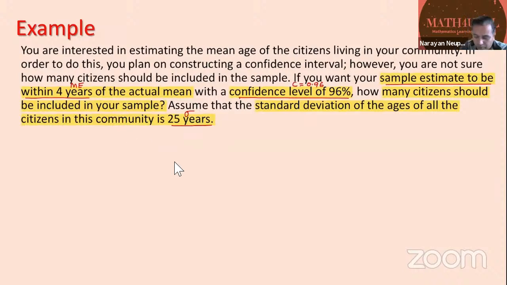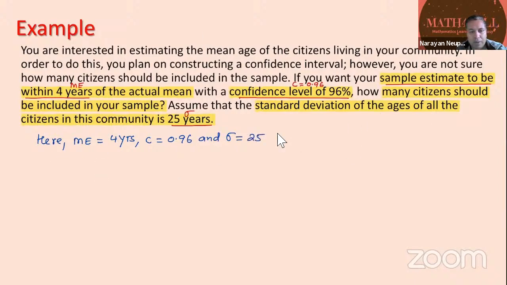For that, you know the formula. But before that, let me write what is given in the problem. They have given the margin of error, which is 4 years. The confidence level is 0.96, and the population standard deviation is 25 years. That is the information given in the problem.